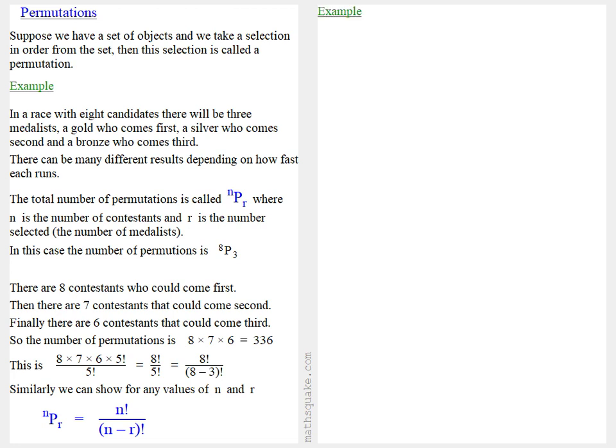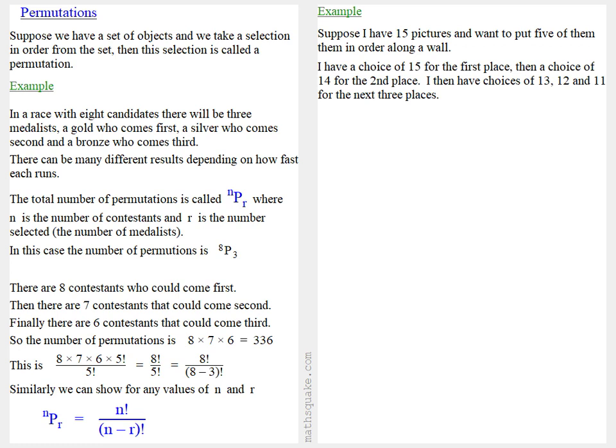Let's look at an example. Suppose I have 15 pictures and want to put 5 of them in order along a wall. Now I have a choice of 15 for the first place, then a choice of 14 for the second place, and then I have choices of 13, 12 and 11 for the next 3 places.